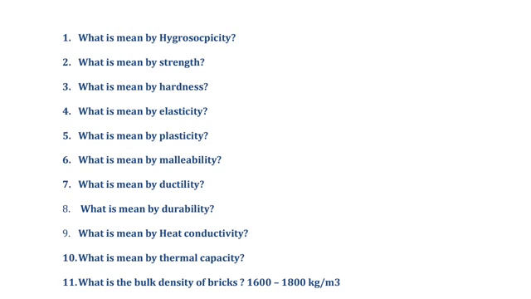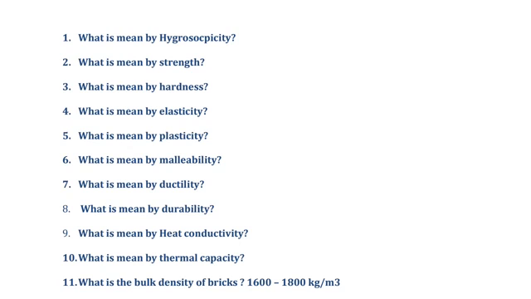Like a rubber. When you are stretching, it may change some dimensions, and after that when you release your stretch, it again regains its original shape. So elasticity is nothing but the ability of material to restore its initial form and dimensions after the load is removed. This is called elasticity.